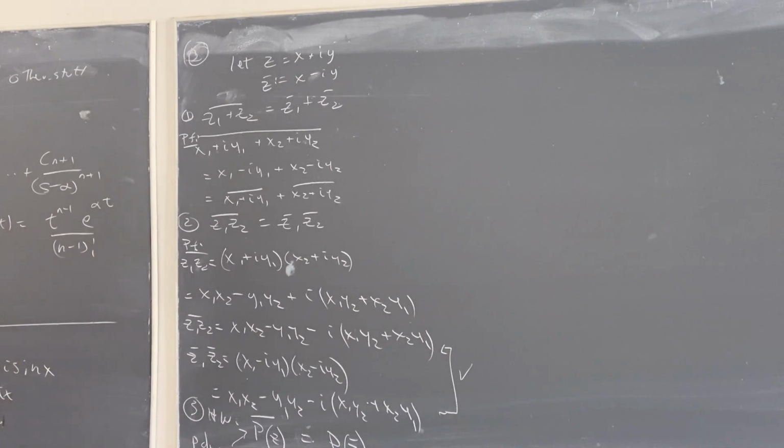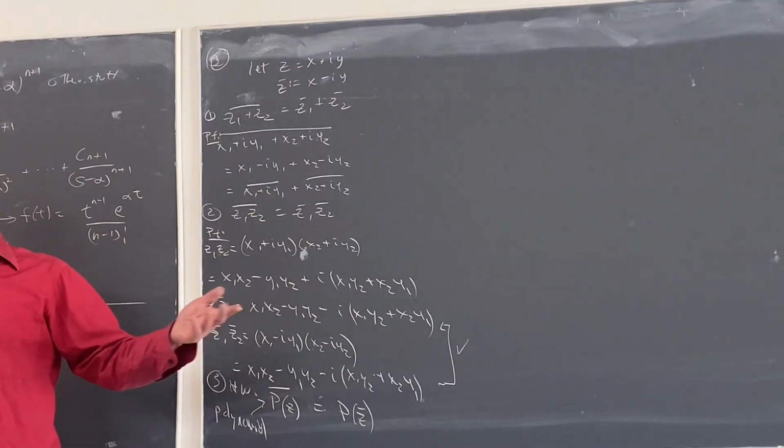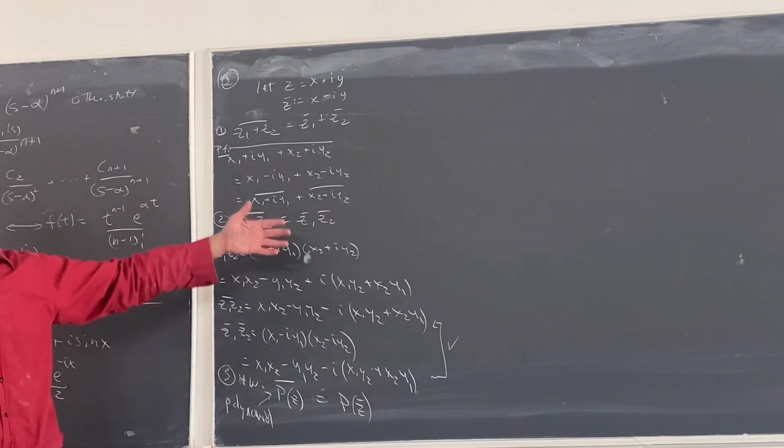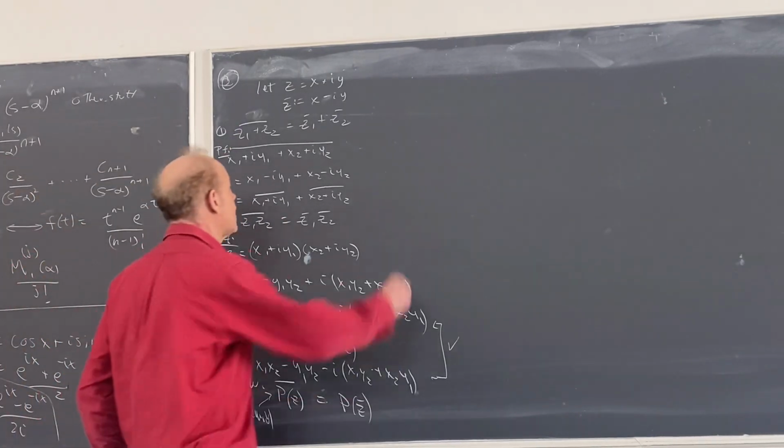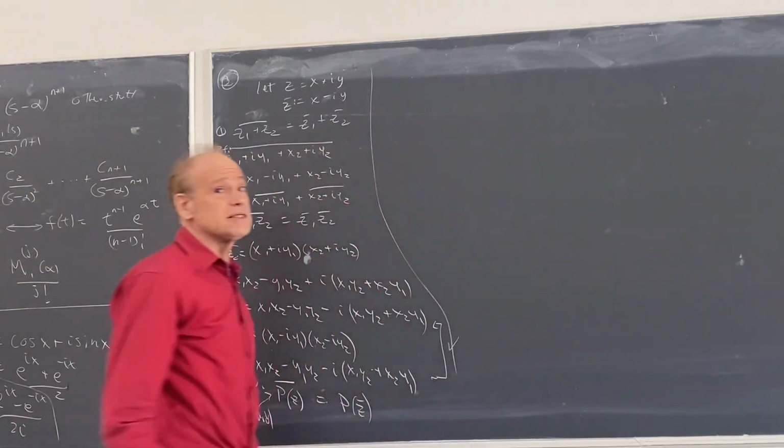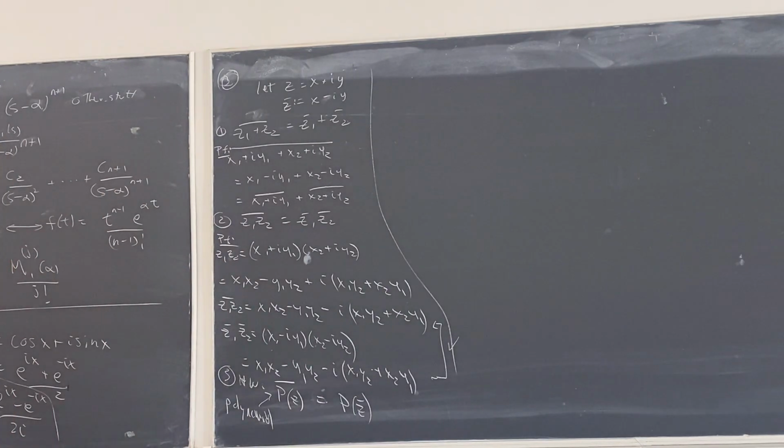If I take the complex conjugate of a polynomial of z, why is that? Because how do I get a polynomial? I take products and sums, and I know products and sums work. Okay, are there any questions on that before we go to case 3 now?